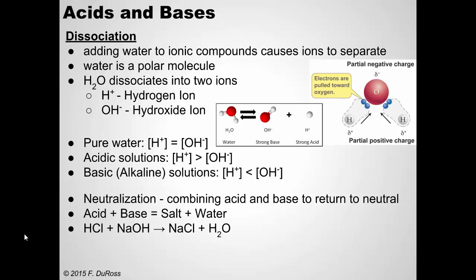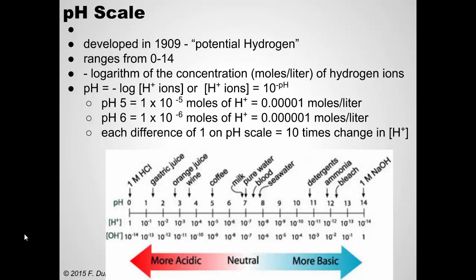For example, in this example, we have HCl, hydrochloric acid, a very strong acid, and sodium hydroxide, a very strong base. When they are combined, they neutralize because the hydrogen from the acid combines with the hydroxide from the sodium hydroxide to form water. And then the chlorine and the sodium bond together to form salt, sodium chloride. So adding an acid and base neutralizes and leaves the salt behind.